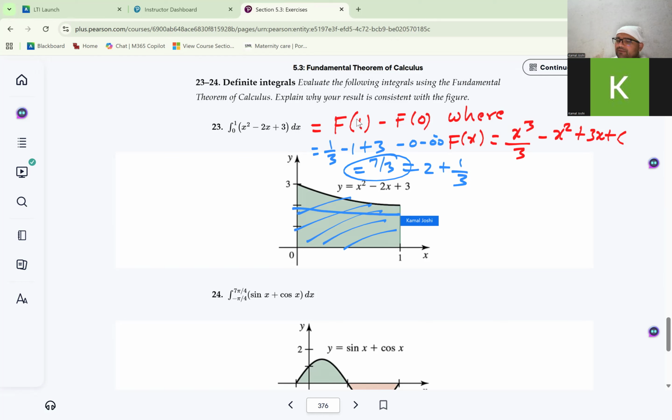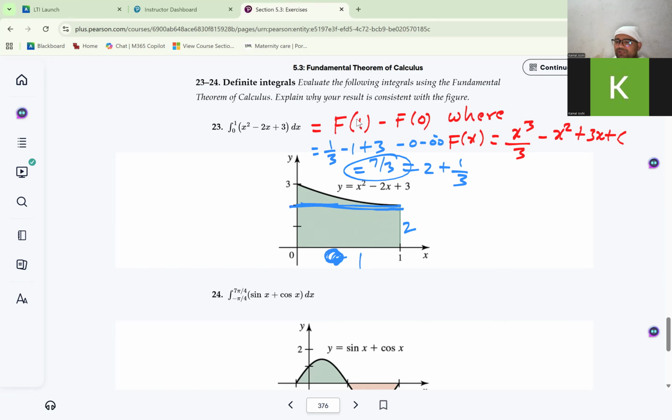The area of this part, let me actually erase the other stuff and get into the concept of why it is consistent. The area of this rectangle part, the height is 2 and the length is 1, my bad, the scale is not correct.